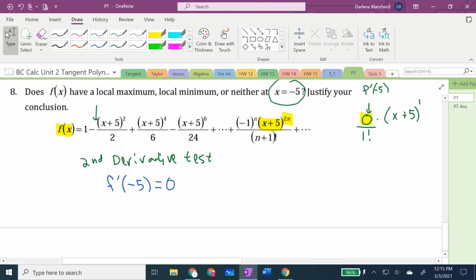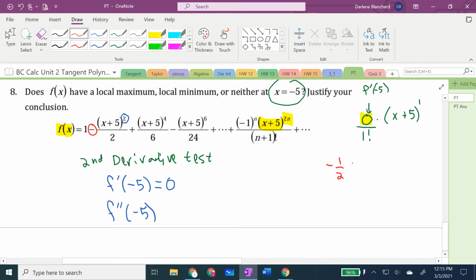Then you also need to find the second derivative. And when you look at the exponent 2, you need to make sure that you look at the sign in front of that. That's important because that is part of the coefficient. The coefficient of x plus 5 squared is negative 1/2.